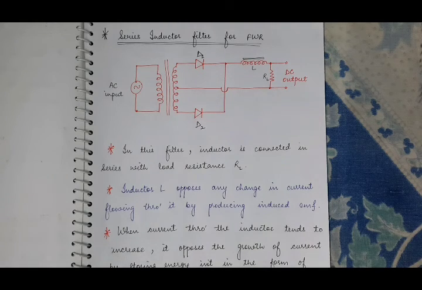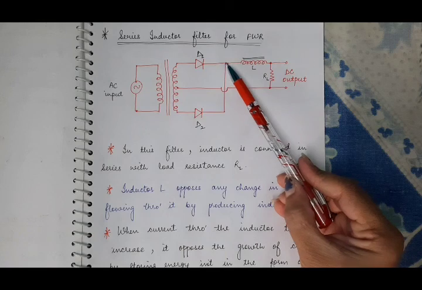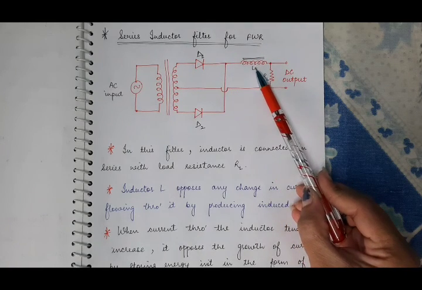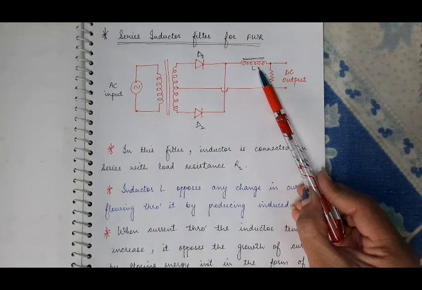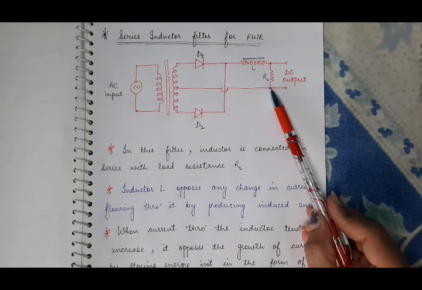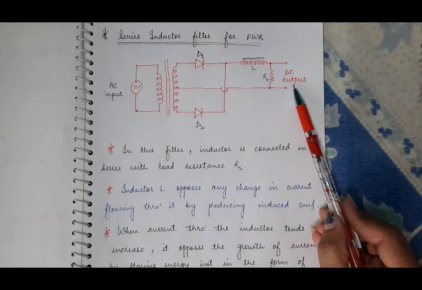We know the shape of the rectifier output in the case of a full wave rectifier. Then the output of that full wave rectifier is supplied to an inductor connected in series, and then to the load resistance RL across which the output is taken. And here the output will be approximately purely DC.